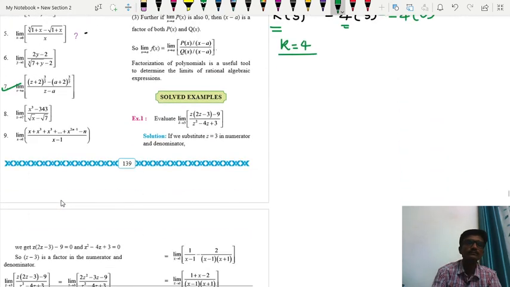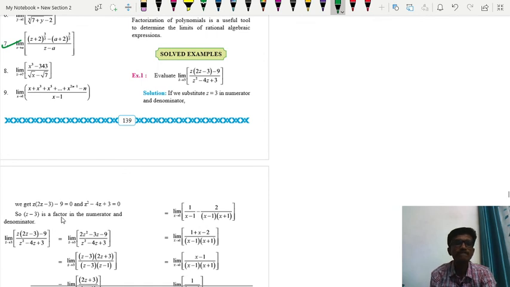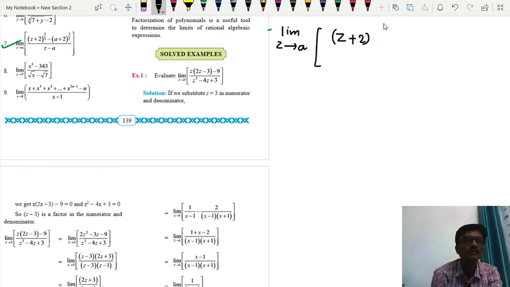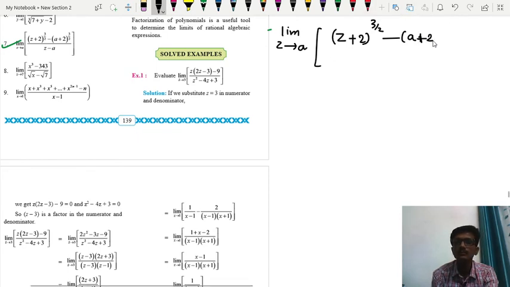The 7th question is: limit z tends to a, (z plus 2) raised to power 3 by 2 minus (a plus 2) raised to power 3 by 2, upon z minus a.